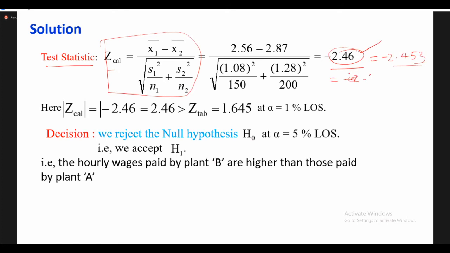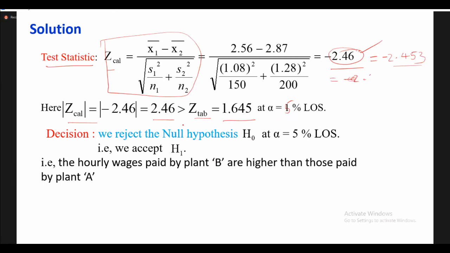Now after getting Z calculated, we have to compare with the Z tabular value. See, mod Z calculated is mod minus 2.46. When you apply the modulus, you get the positive value. 2.46 is greater than 1.645, that is the Z tabular value, at 5%.